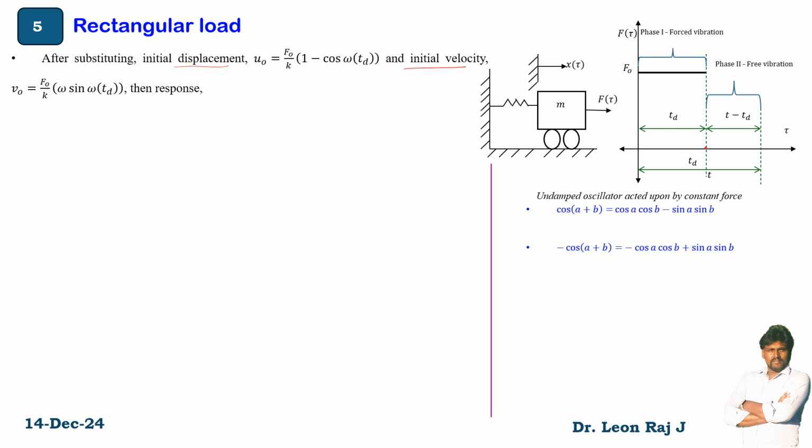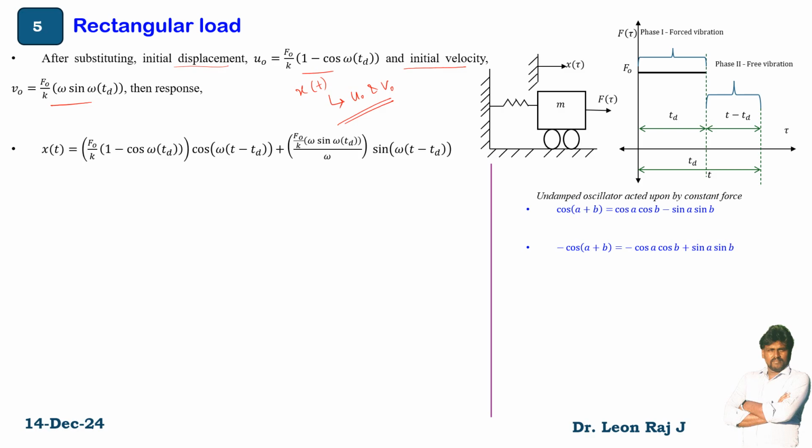We have substituted t equal to td in the response x of t, and then found u0 and v0, which we have calculated as so and so.